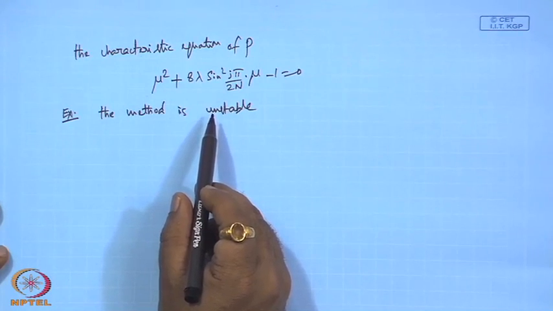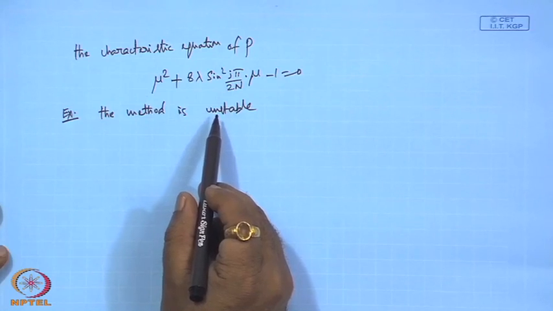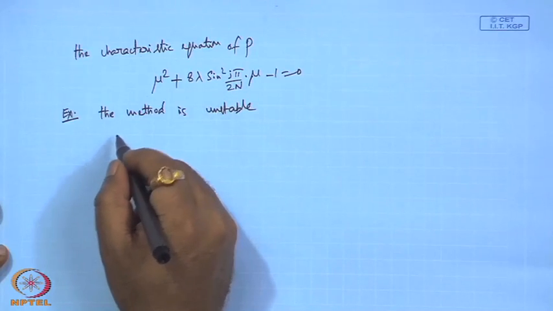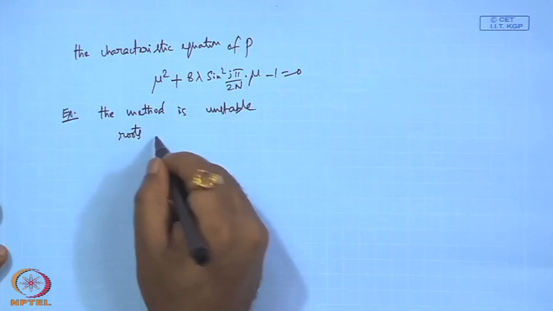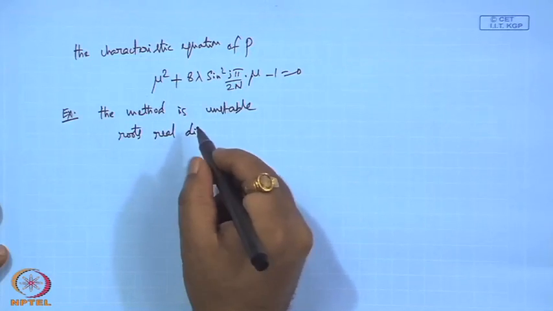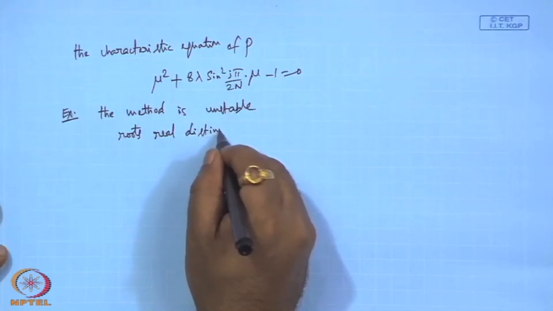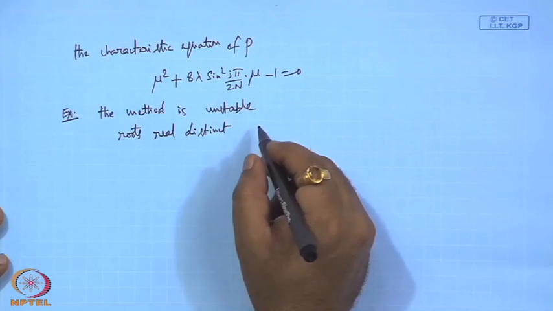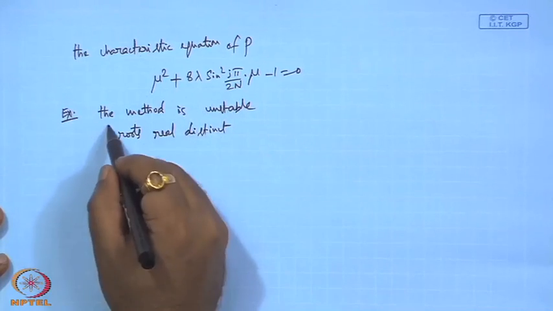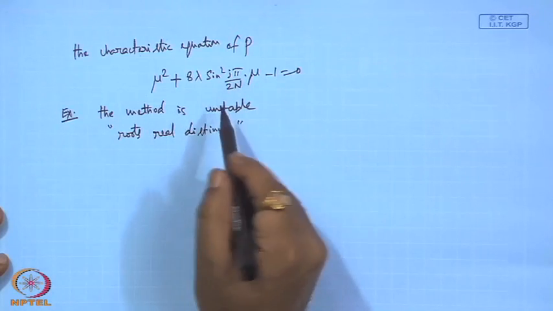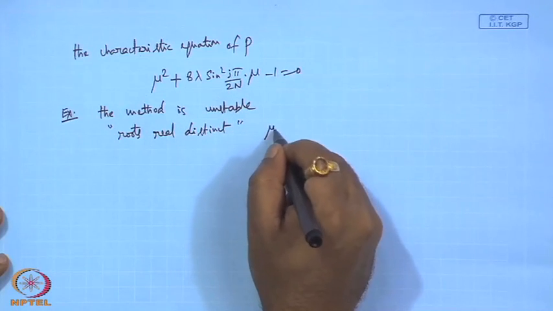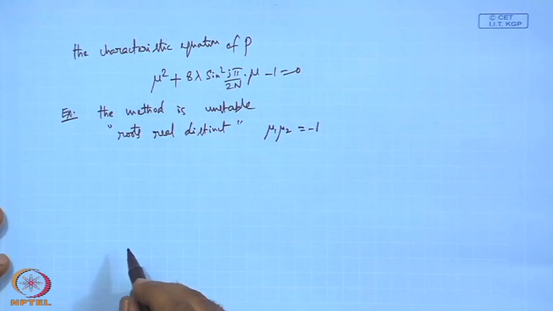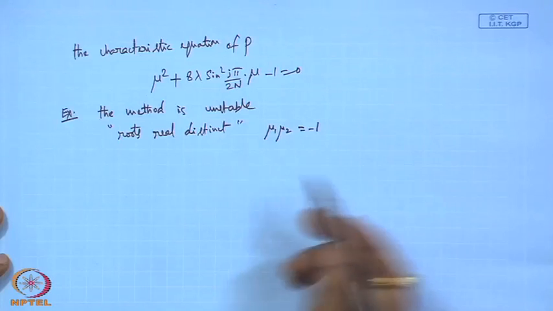I can give a hint. For example, if the roots are real, distinct, you can check with the discriminant of this, and then mu 1 mu 2 is minus 1. So, one of them is positive.